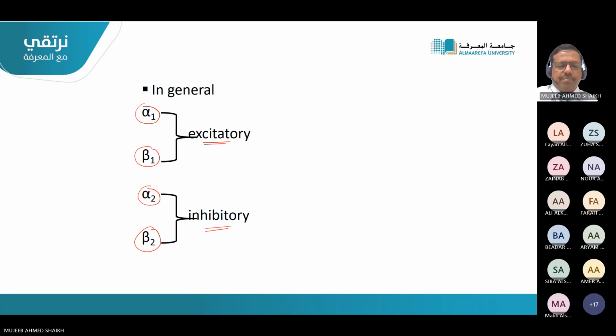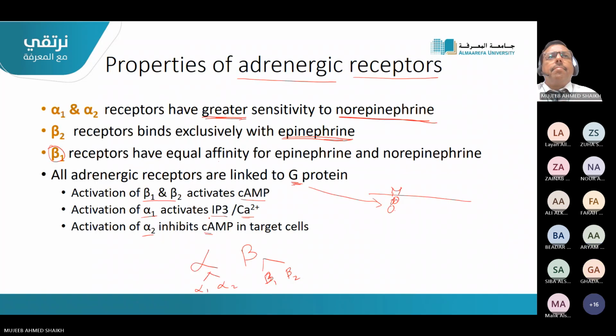Yes, it's written up that beta 2 activates cyclic AMP. Beta 1 and beta 2. And down it's written it's inhibitory. How's that? Okay.